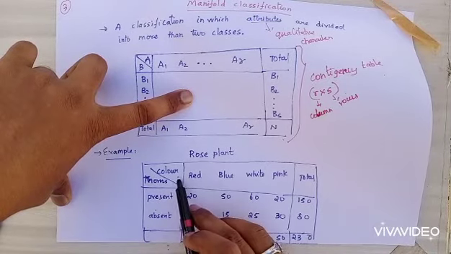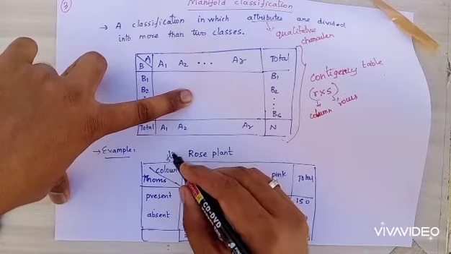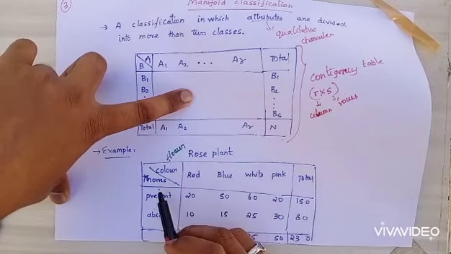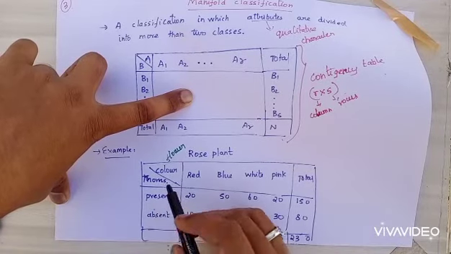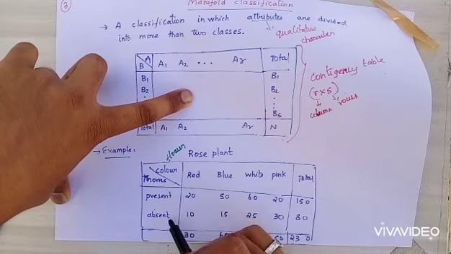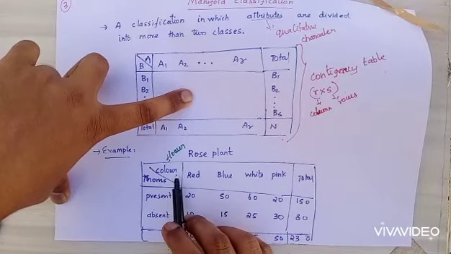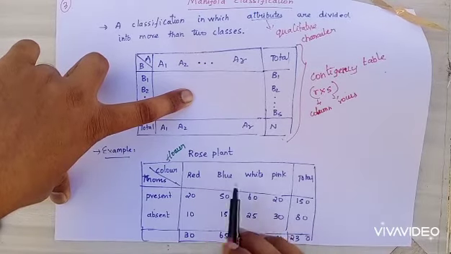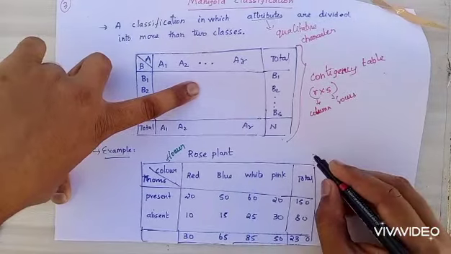One is color, the color of the flower, and the other attribute is thorns, whether the thorns are present or absent. Here I am classifying the attribute color into more than two classes, that is red, blue, white and pink. That is, we have four classes.